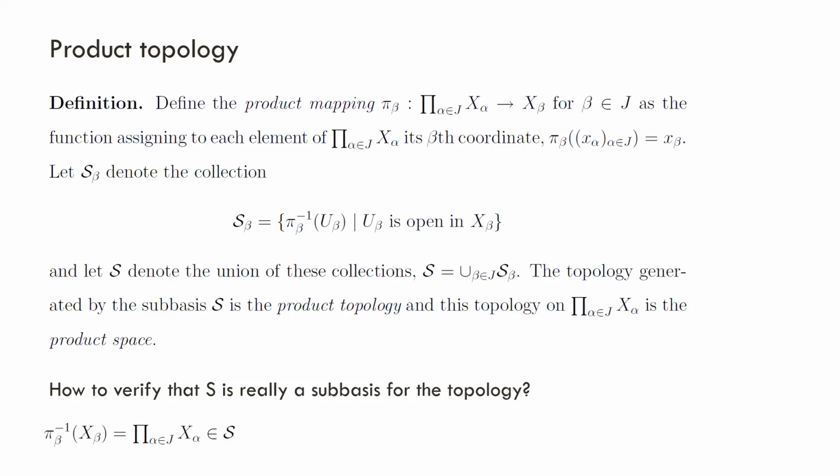If every element of this set lies in some subset of this collection, then it is a good subbasis. Otherwise, if some point is not in any subset of this collection, then it will not be a good collection, and it will not be a subbasis.